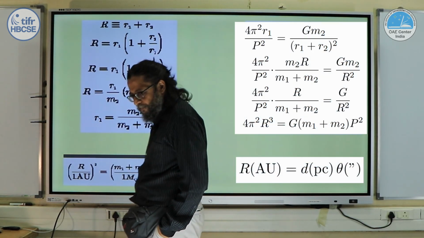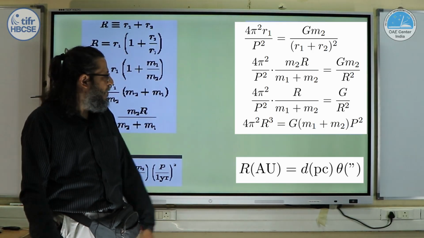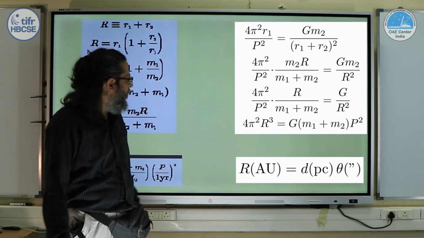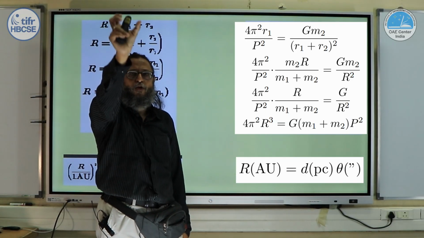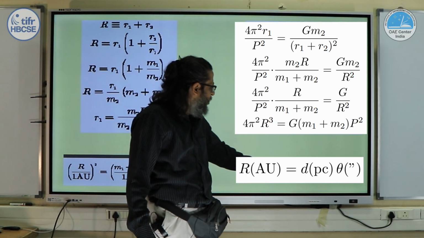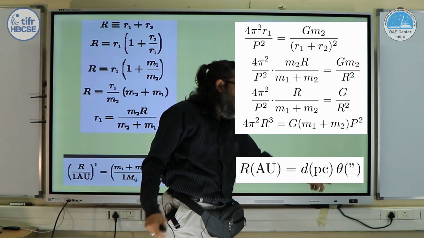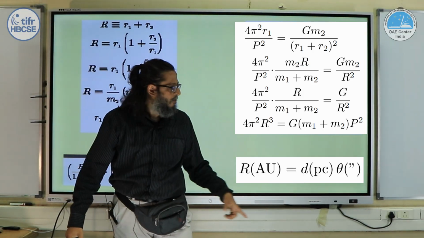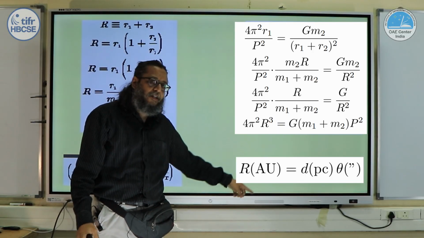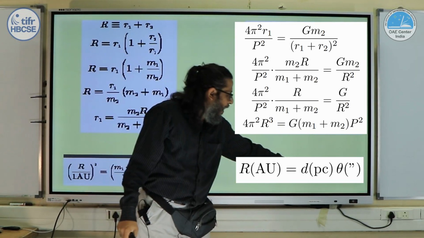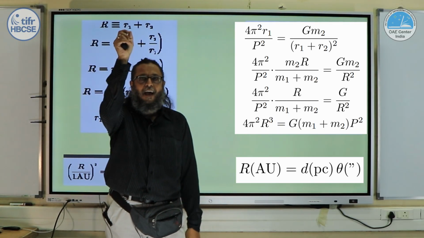And of course, from the definition of angle, you know that the R, the separation of the two objects in the sky, is a function of the distance and the angular separation. So this relation gives you the measure of the distance in terms of linear scale, and what you measure in the sky is the angular scale.